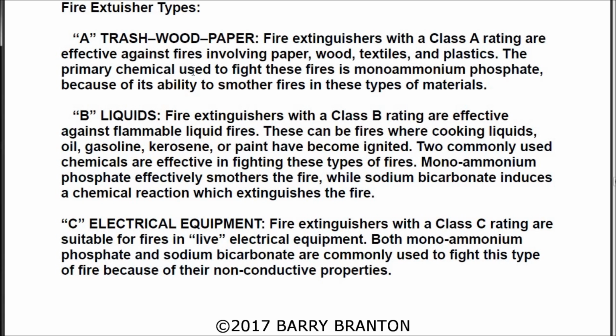The primary chemical used to fight these fires is monoammonium phosphate, because of its ability to smother fires in these types of materials. I'm not so sure about using water on plastic, my personal opinion, but I suppose you could do it. But for a wood fire, I would definitely suggest water.